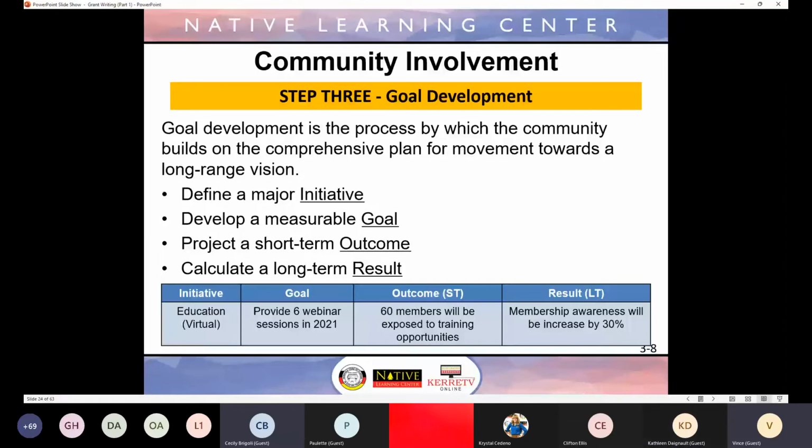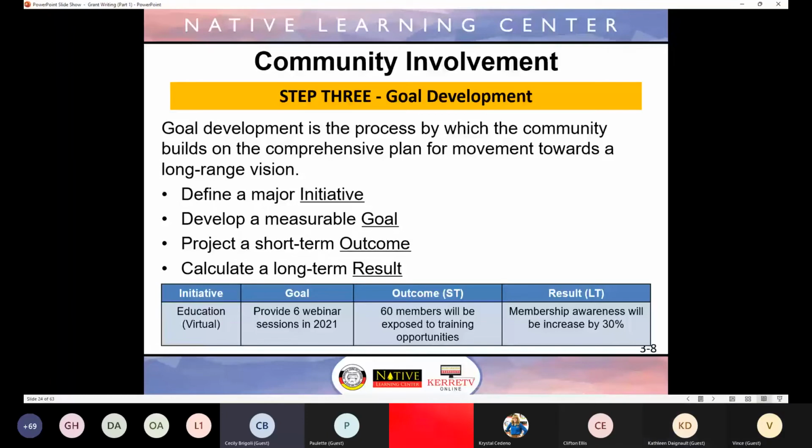And one of the goals would be to contract with a series of medical professionals, or even more specific than that, to contract with a very specific type of medical practitioner. The outcome would be, hypothetically off the top of my head, to secure the contracts within a 90-day period.